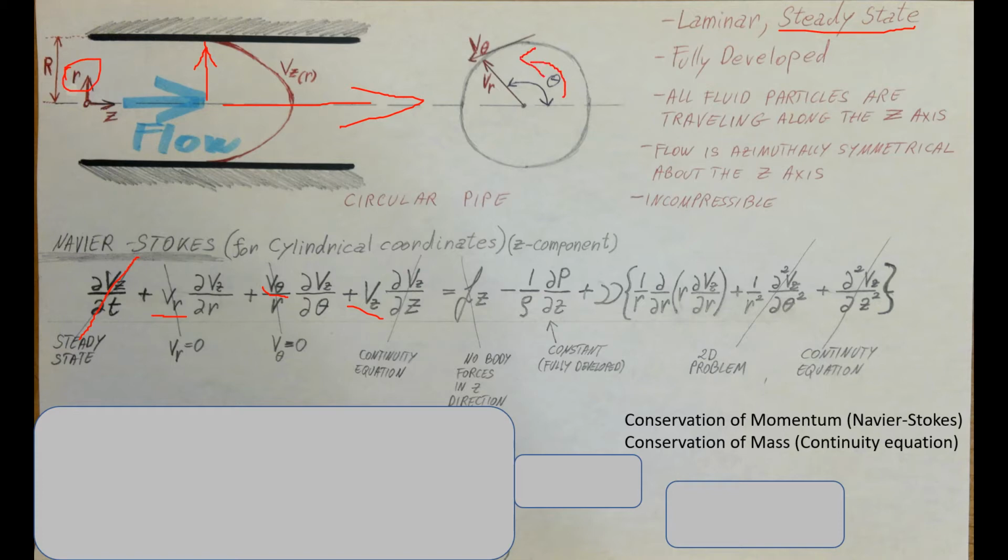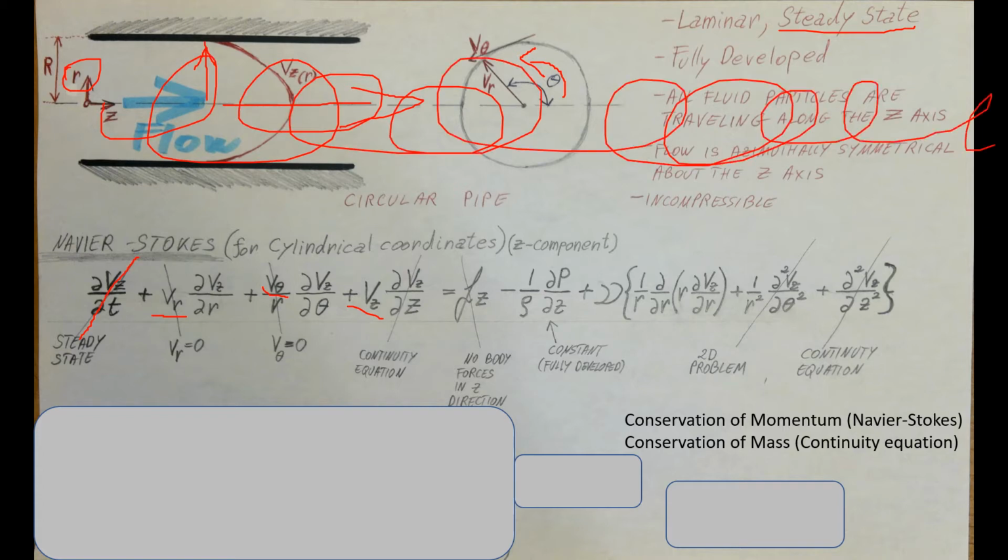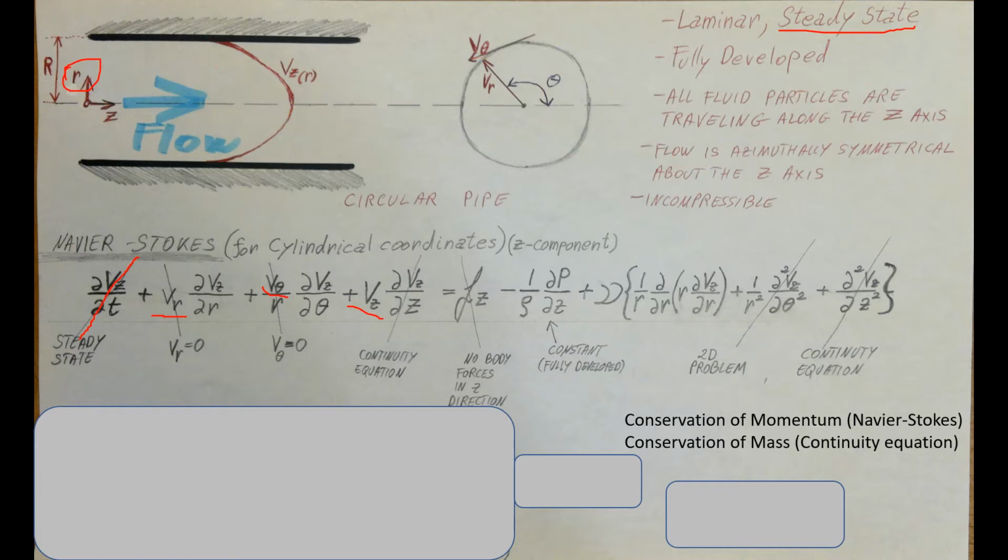In the theta direction, imagine that as the fluid is flowing, the flow would be swirling inside the pipe, right? So we don't have that. Every single component of this flow is heading in the z direction. Therefore, we can be confident that Vr equals 0 and Vtheta is also equal to 0. Vz, we can't cross out. We just said that everything is going in that direction, so we need to leave that one alone.